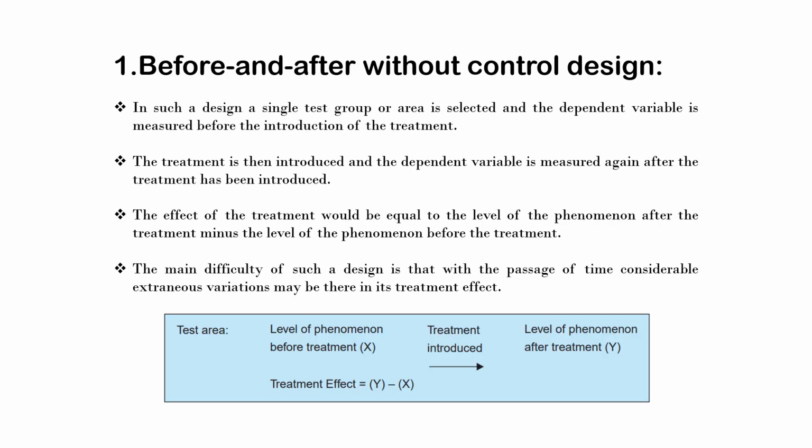So this is the informal experimental design, before and after without control design. Here we have a single test group, or a single area, where the dependent variable is measured, then the treatment is introduced, and again the dependent variable is measured.